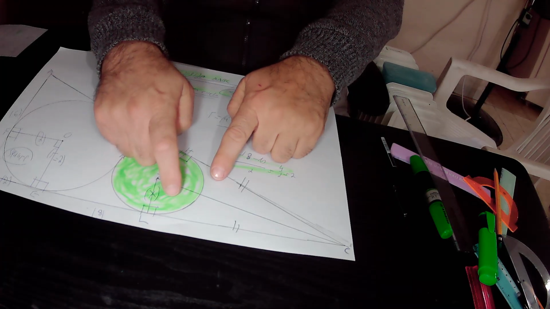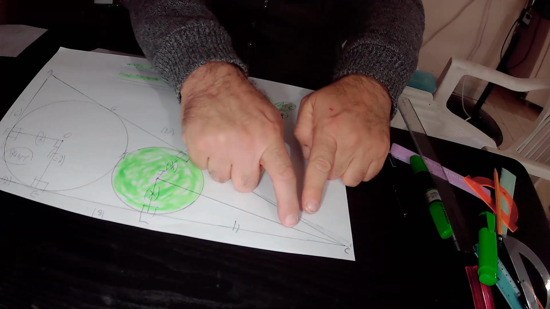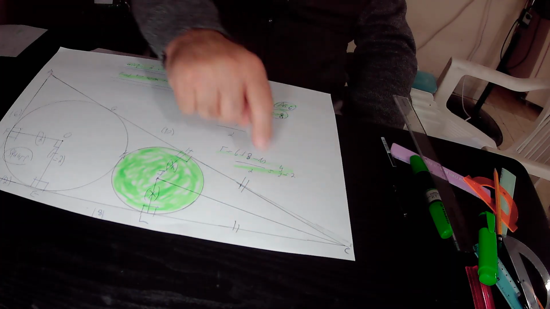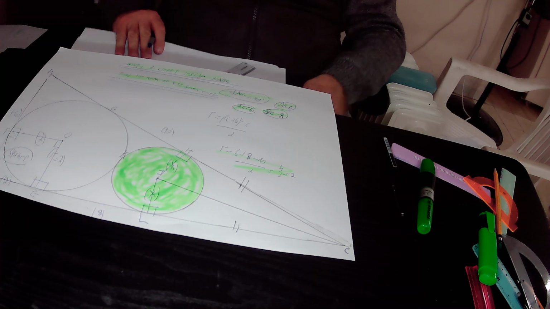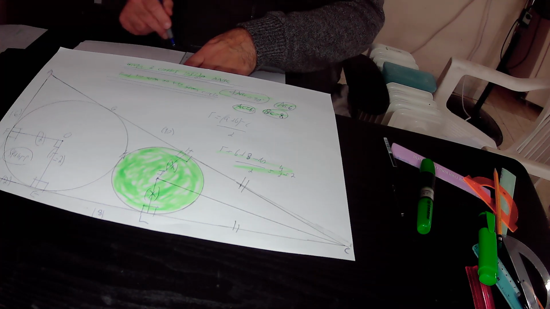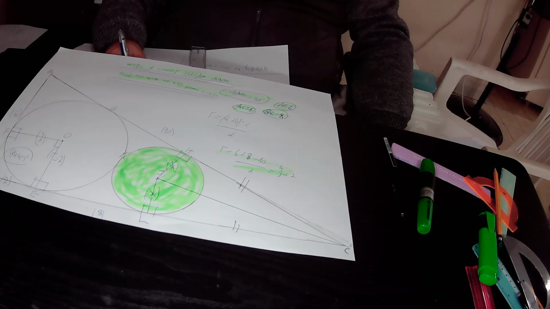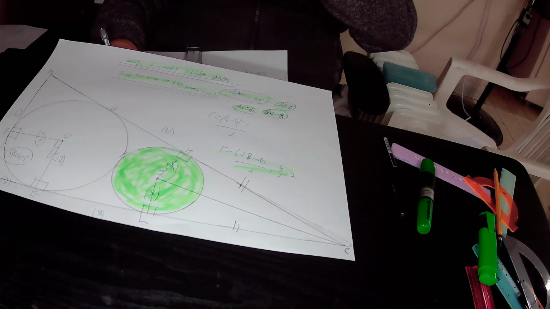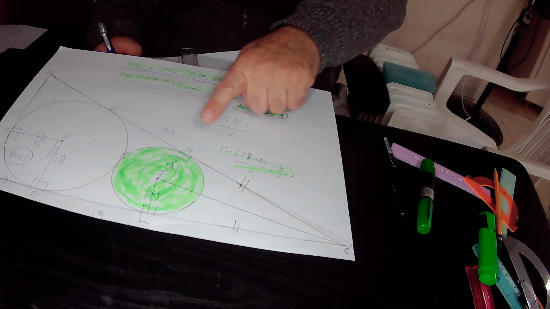So we found out that angle HCJ equals this upper angle JCL.